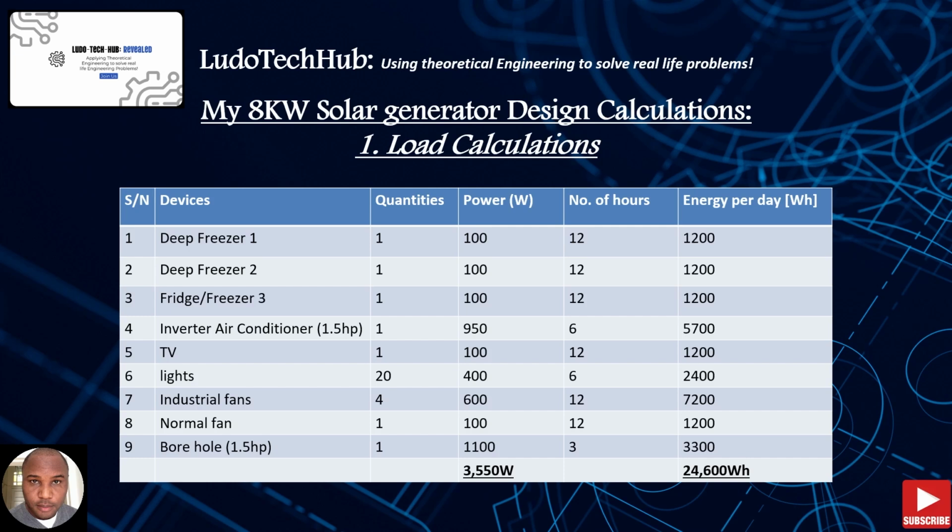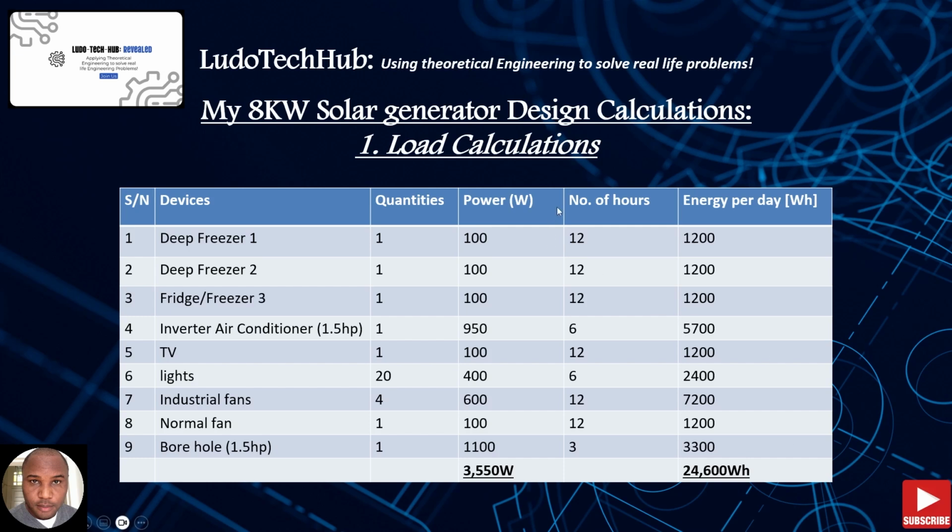That is not going to be considered at this stage of the load calculation. But when we are selecting or rating the inverter that we're going to need, that then plays a crucial part.